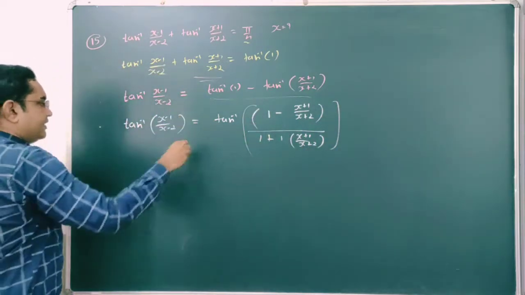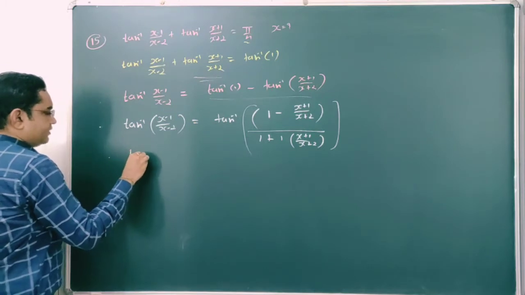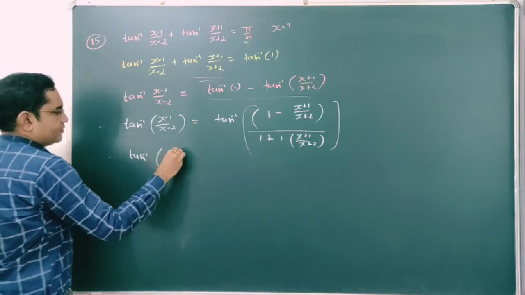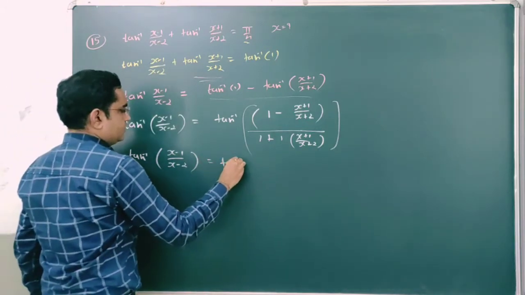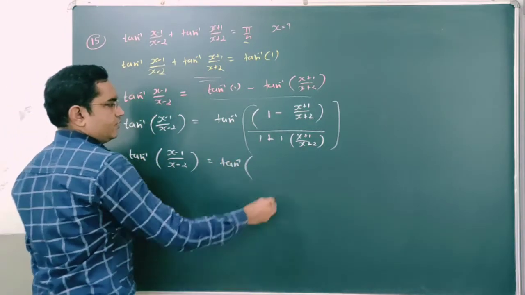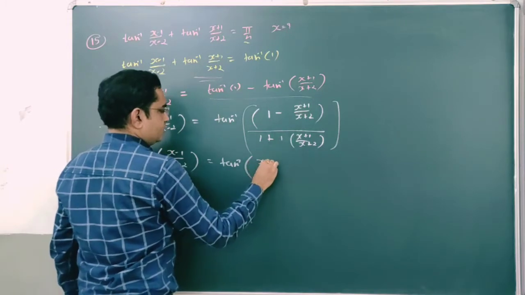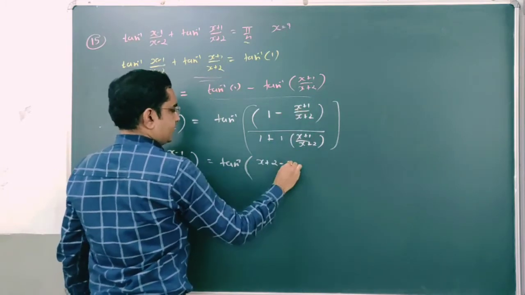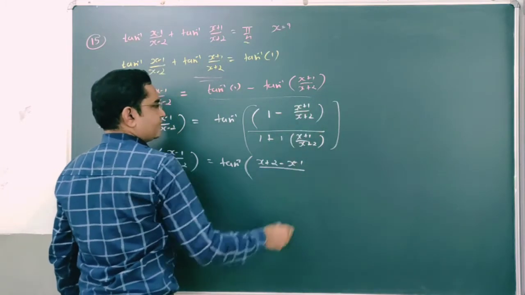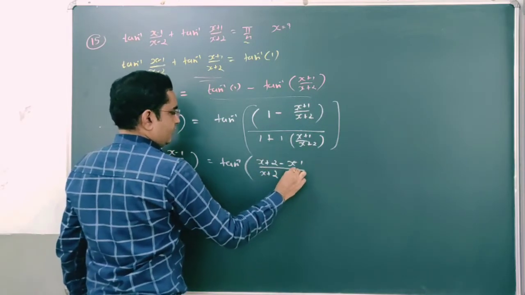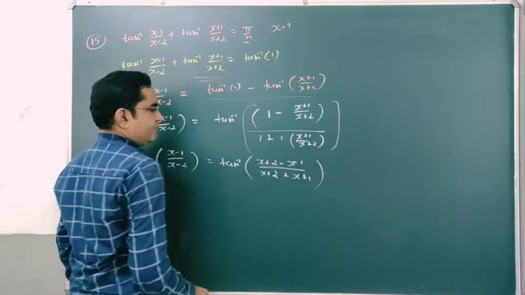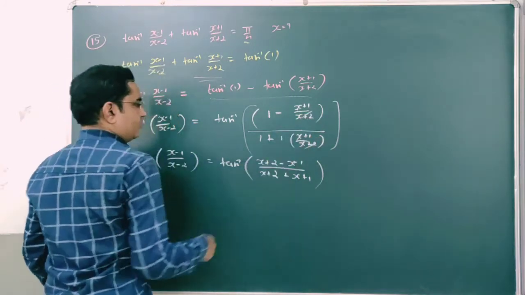Now simplify that. So this one is tan inverse x minus 1 upon x minus 2. This is equal to tan inverse. Now here simplification is x plus 2 minus x minus 1 whole divided by x plus 2, that will be cut out. Here it's x plus 2 plus x plus 1, है ना. x plus 2 डिनोमिनेटर में कट हो जाएगा.